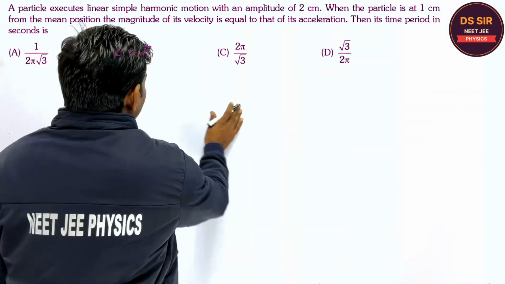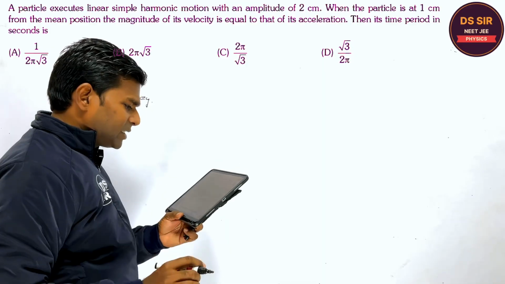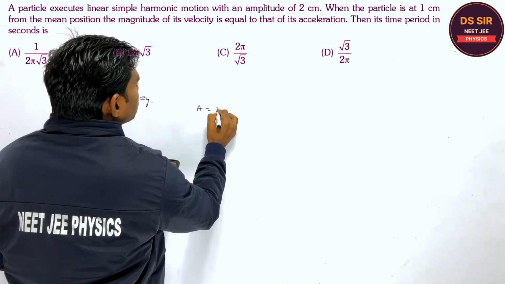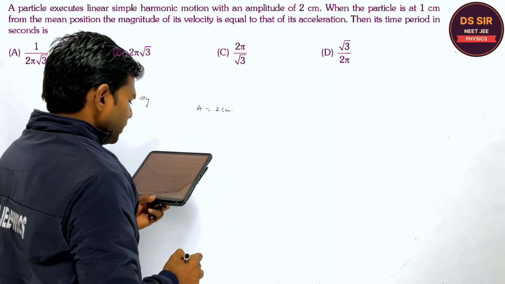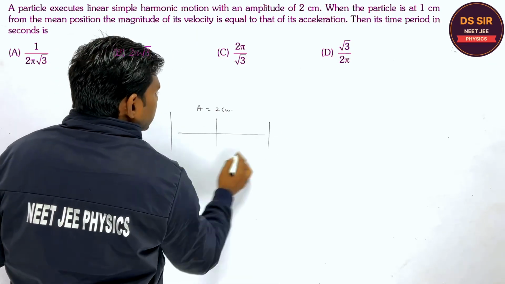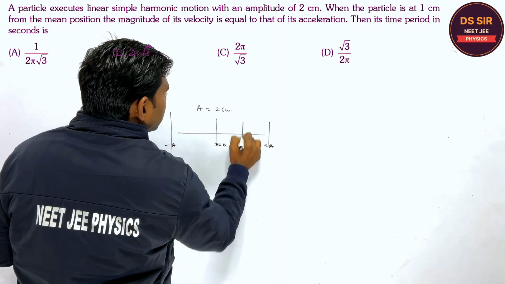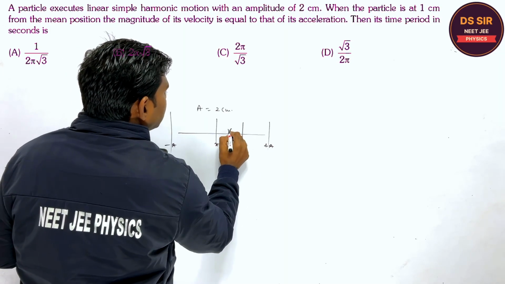Copy this. So read this question. In this question, a particle executes SHM and the amplitude is 2 centimeter, right? When the particle is at 1 centimeter from the mean position, the amplitude is plus a, minus a. It is at 1 centimeter, right? This is the 1 centimeter.